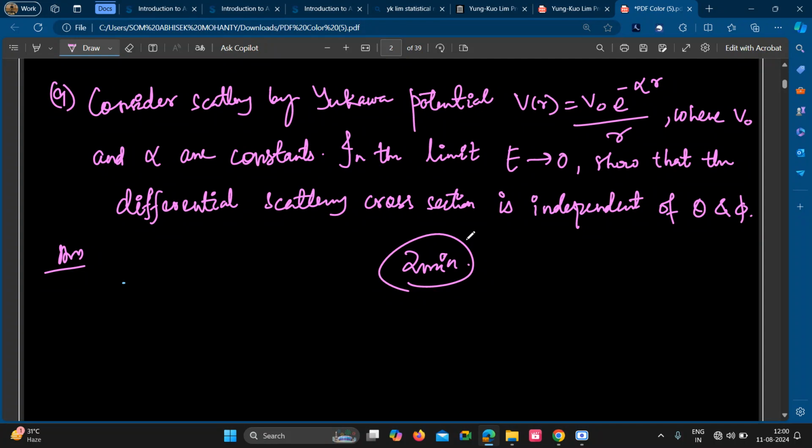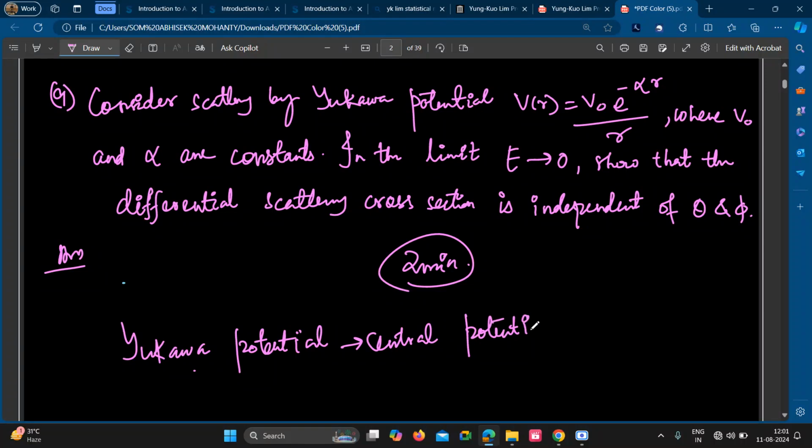You have to first find the scattering amplitude. Scattering amplitude is always the first thing you need to find. Yukawa potential is which kind of potential? It is a central potential. So you have to use the formula of scattering amplitude for central potential, not the general potential.